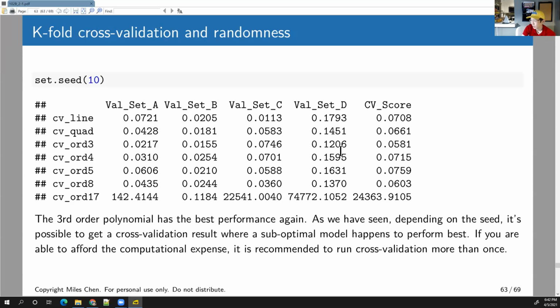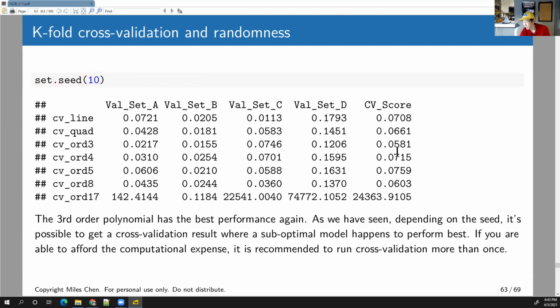Here, I have the luxury of running Kfold cross-validation multiple times. You don't always have this luxury, because sometimes you have a million data points, and it takes hours just to run your cross-validation, so you might not be able to run it again with a different starting seed.